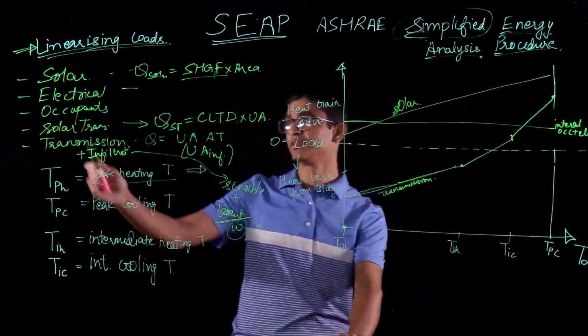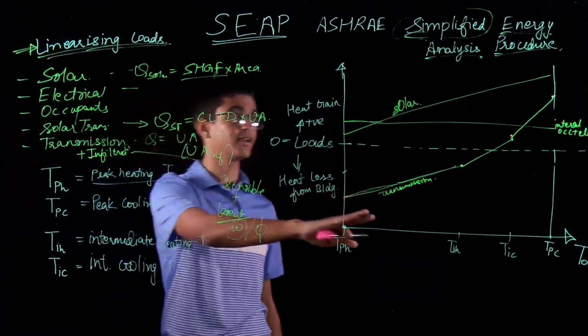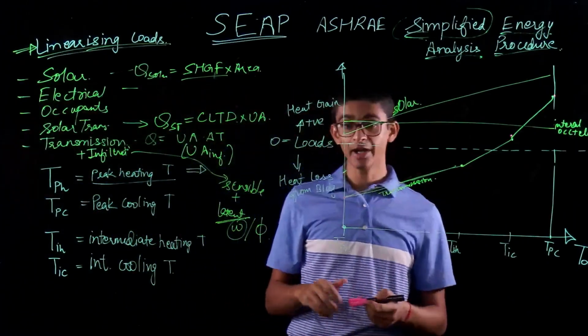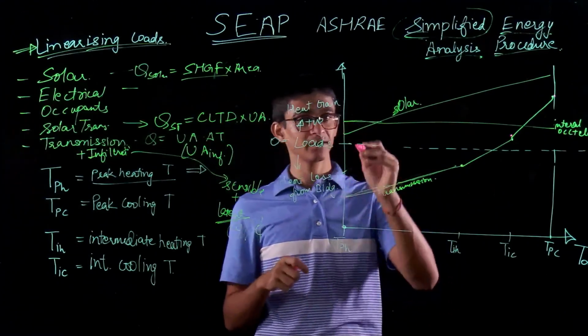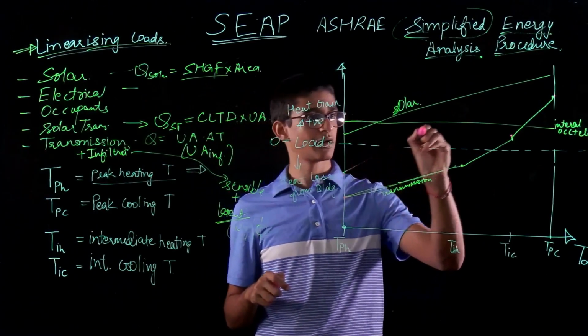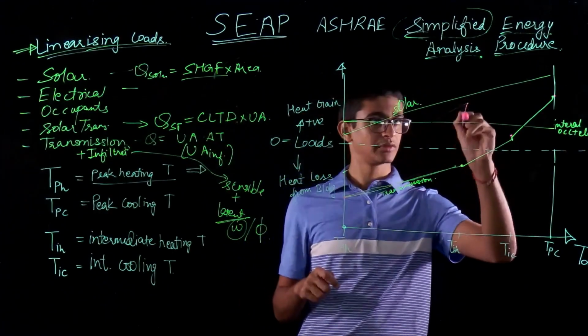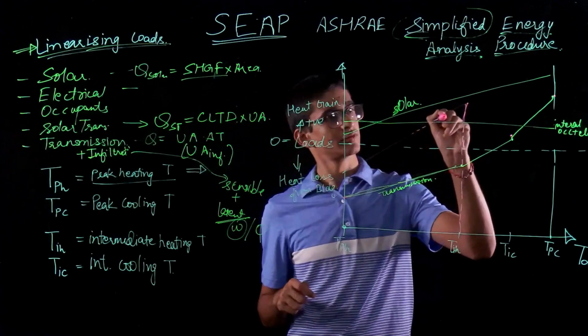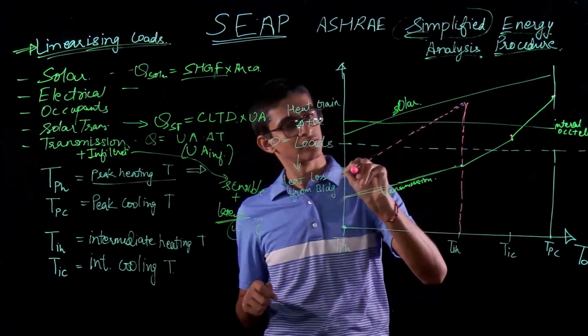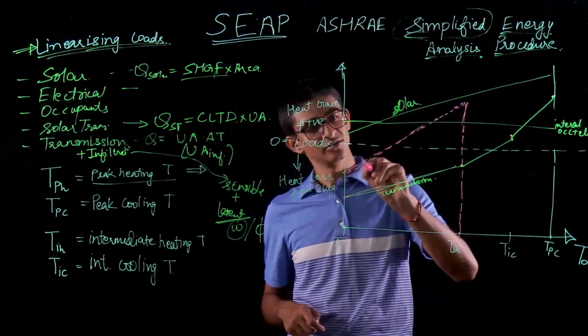And when I add up, all these things I have considered indirectly on this chart. So when we add up all these loads, what we have is this. This is total.